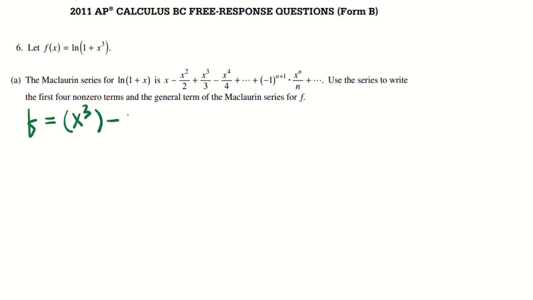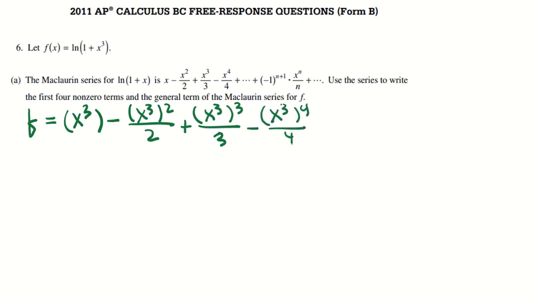So x cubed, minus x cubed squared over 2 plus x cubed cubed over 3 minus x cubed to the 4th over 4. Right, and all I'm doing here is replacing x with x to the 3. So plus negative 1 to the n plus 1, x cubed to the n divided by n. And that's going to be a safe place for us to stop.